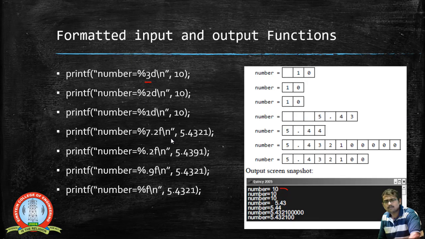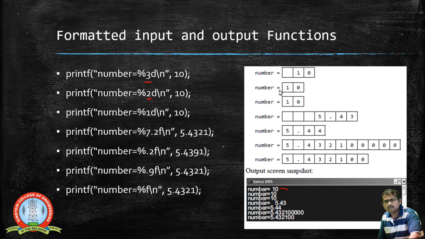And similarly, in the second printf statement I am using the width equal to 2 here. So now automatically what happens is that the spaces are left justified.